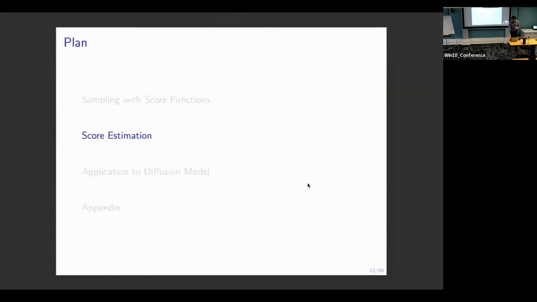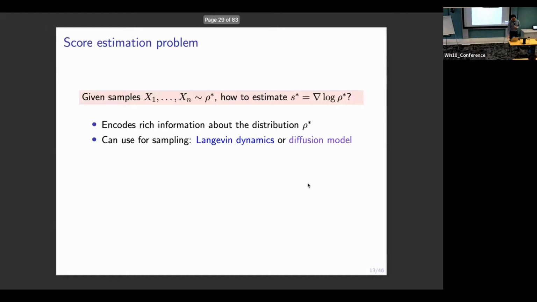Okay, so that was one quick detour to Langevin dynamics, but there we see that score is important for sampling, but there we assume that we know the score function for the Langevin. But now for diffusion model, we want to learn the score function, and in the end, we'll see why.